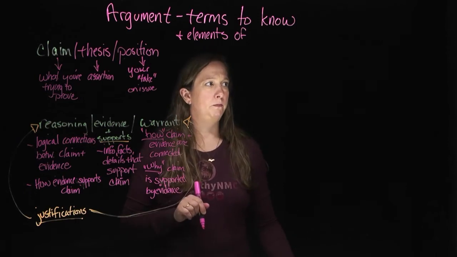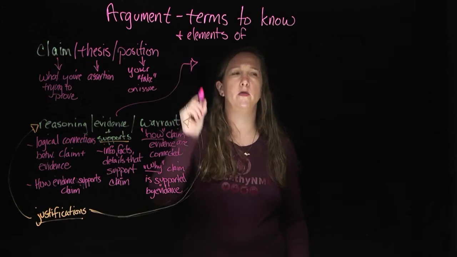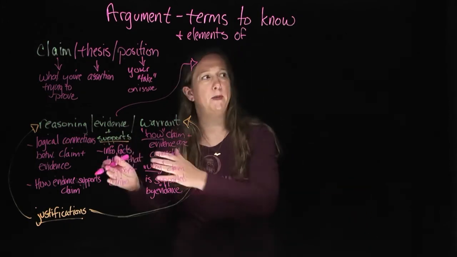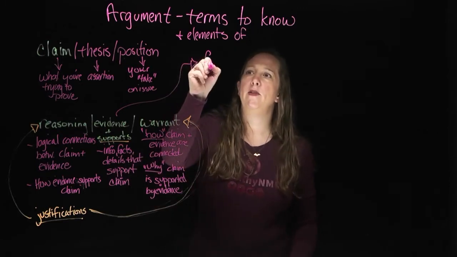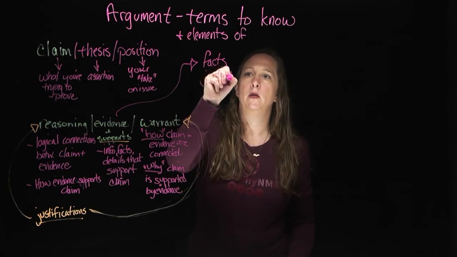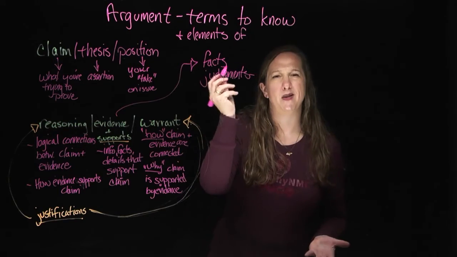So, quick thing on evidence. Just going to create another piece over here. There are different types of evidence that I was trying to explain a little bit underneath here. You've got facts, you've got judgments, which judgments might also be your assumptions.